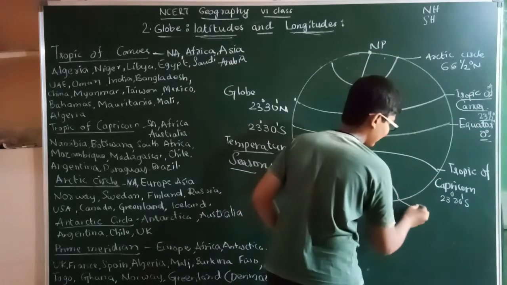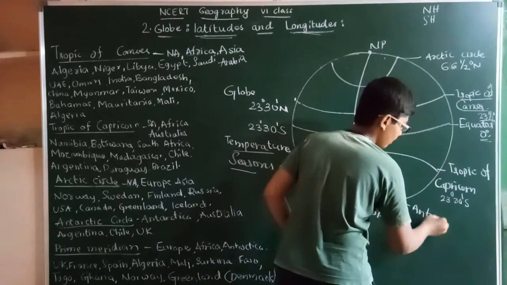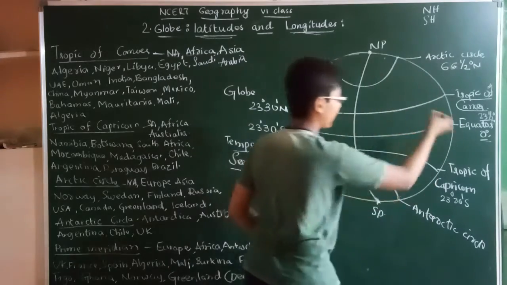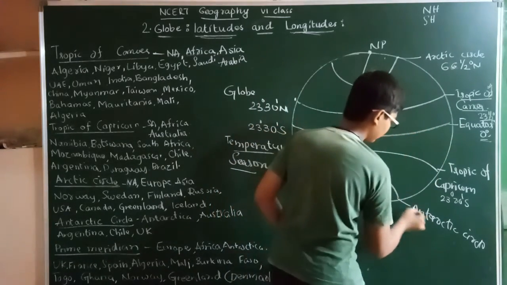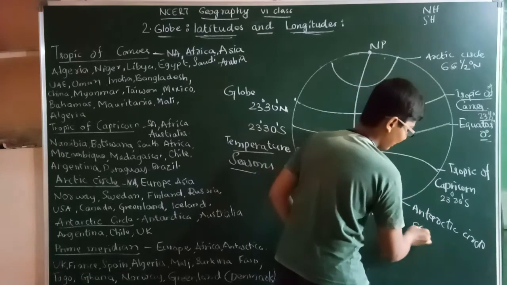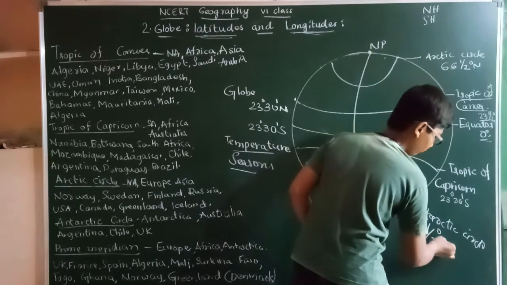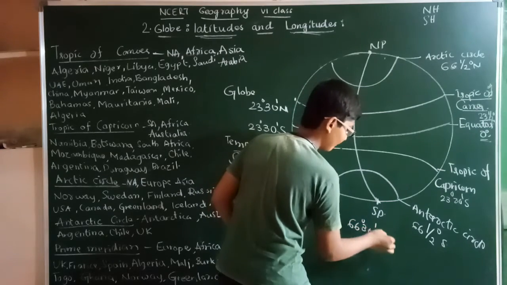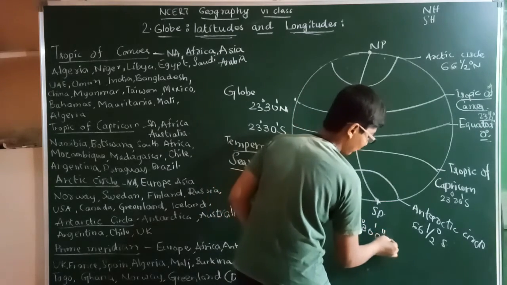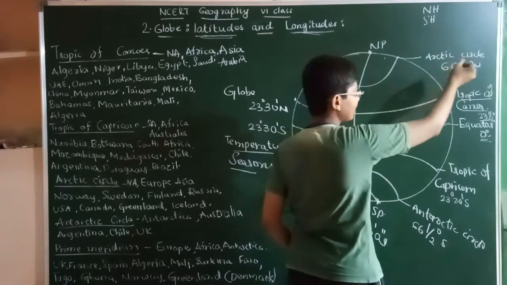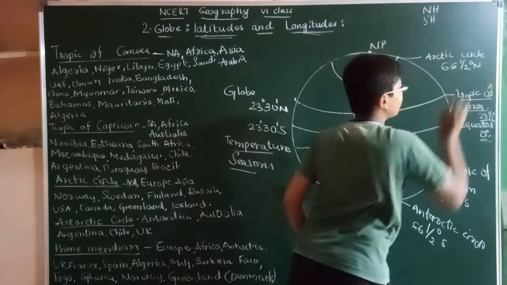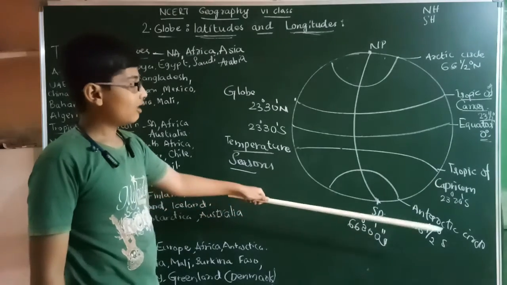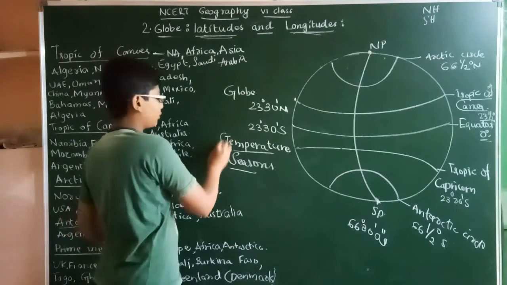And the Antarctic Circle, which is south of the Equator, is 66.5 degrees south. That means 66 degrees 30 minutes 0 seconds north, and 66 degrees 30 minutes 0 seconds south. The Arctic Circle and Antarctic Circle are also important due to these things.